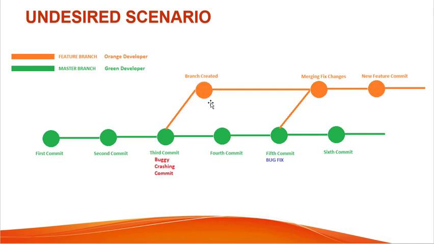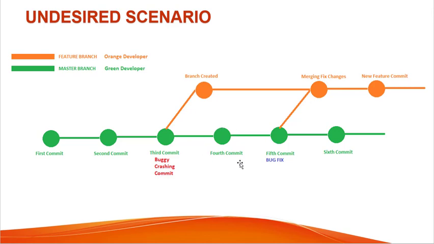And the error or the buggy code restricts the orange developer from creating a new feature. The orange developer recognizes this buggy code and then tells the green developer, look, you have done a buggy commit here and I cannot develop the new feature because of this crashing code. You need to fix the change.